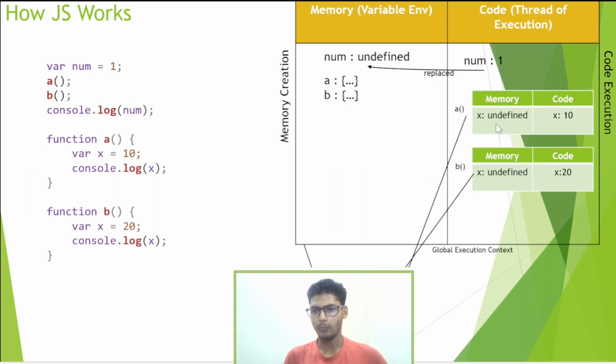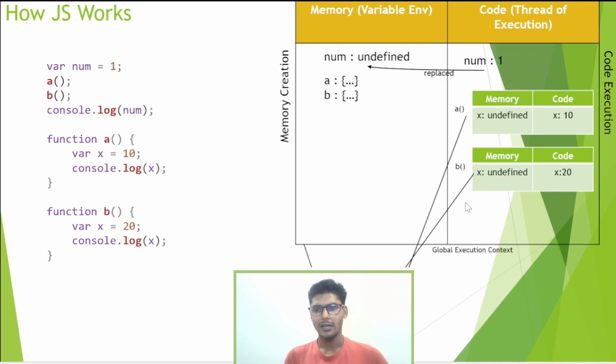Now the flow is coming inside this. x is defined with the value undefined. In the next line, x will be replaced with the value 20 and the value got consoled.